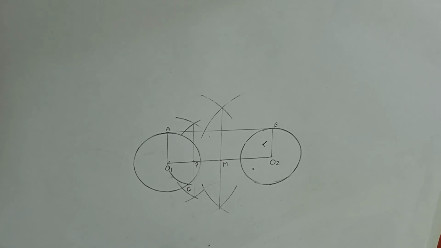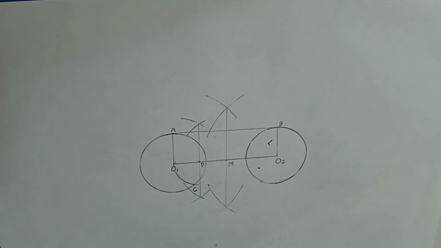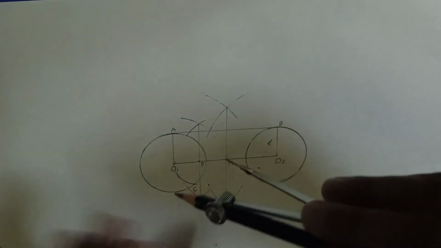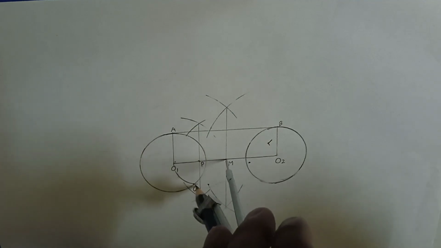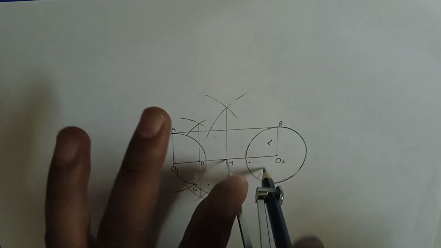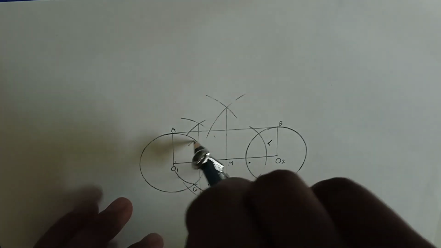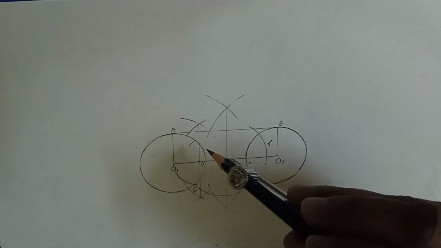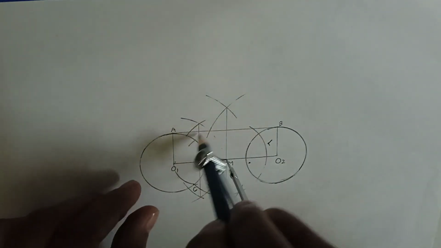And now taking a radius of CM, putting the compass on M and pencil on C, we will draw a circle that will cut the other circle at various points.